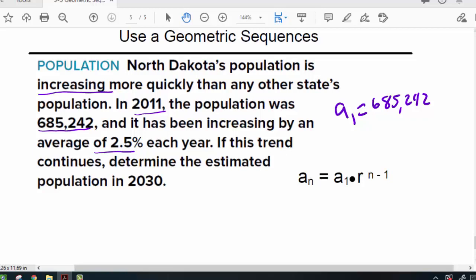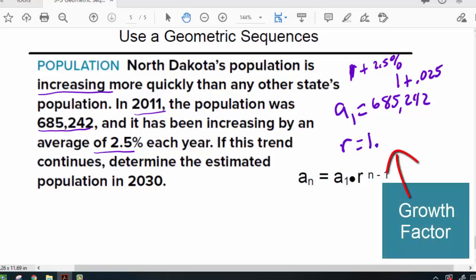So that would be your rate, plus 2.5%, but remember, percents have to be in decimal form. So it's going to be 1 plus 0.025, which will give us a rate of 1.025. So that's our r value.